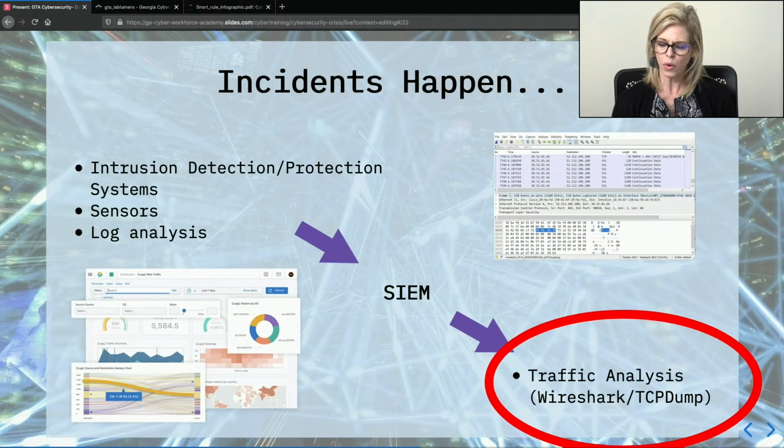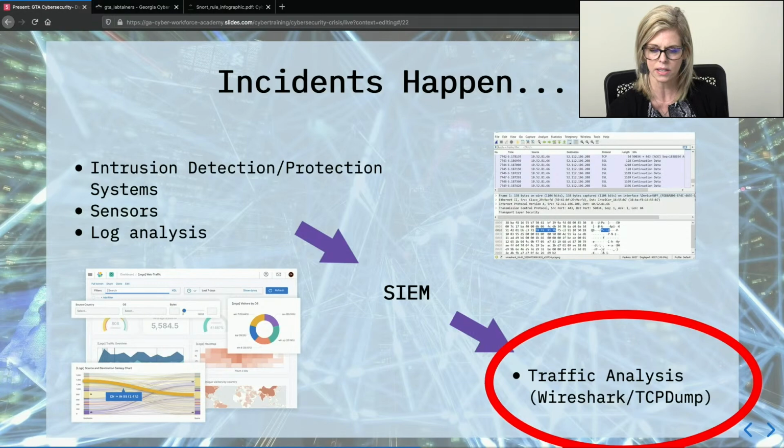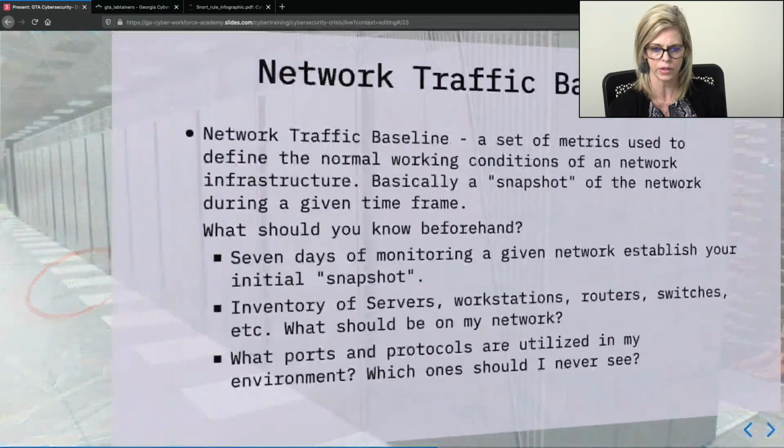So how can we do that? We've established that our IDS IPS feeds our SIM console, and from the SIM console we're able to deep dive and perform a deeper analysis using Wireshark or tcpdump. So now we're going to look at some of the features of Wireshark and tcpdump, and then, as I said before, we'll get into the layer 2 through 4 headers.